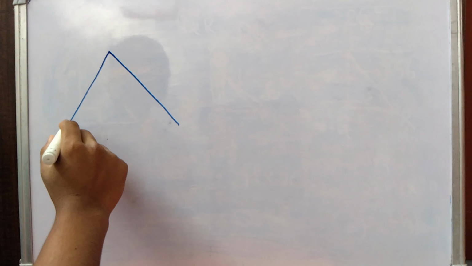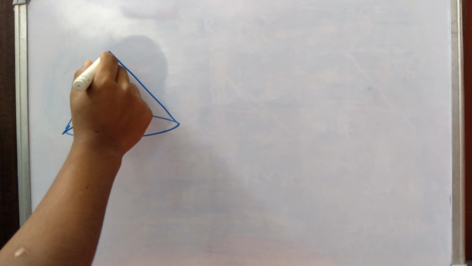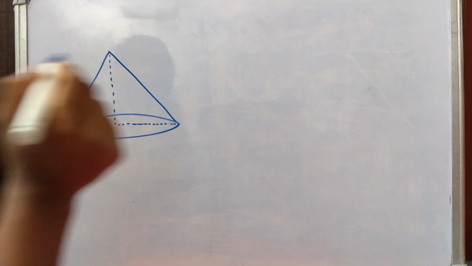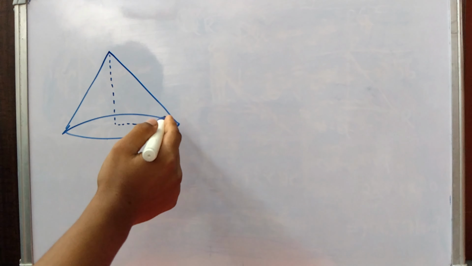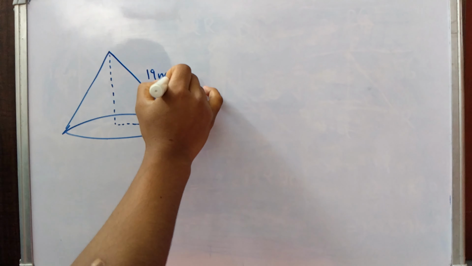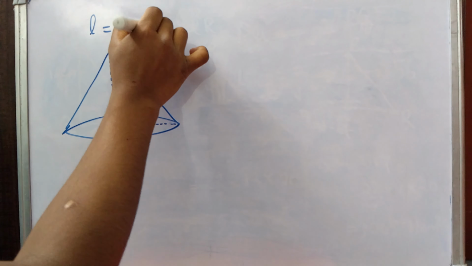So first we'll have a cone, a conical tent. Let this be a conical tent and its slant height is 19 meter. So our L is equal to 19 meter.